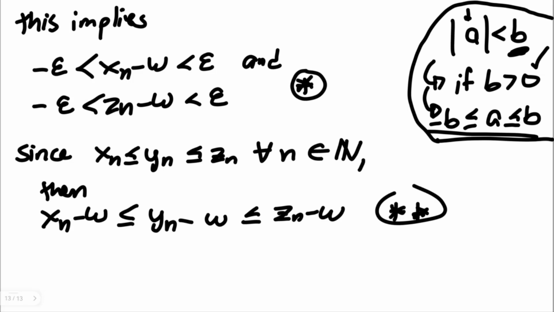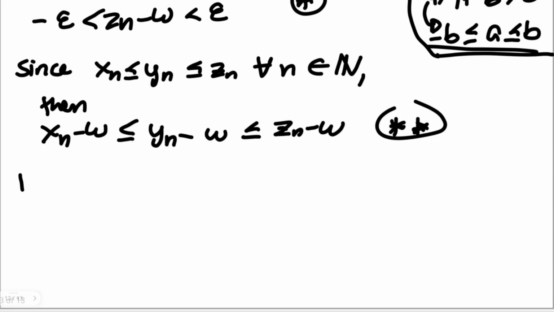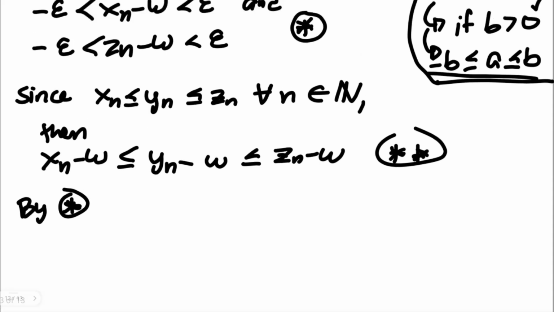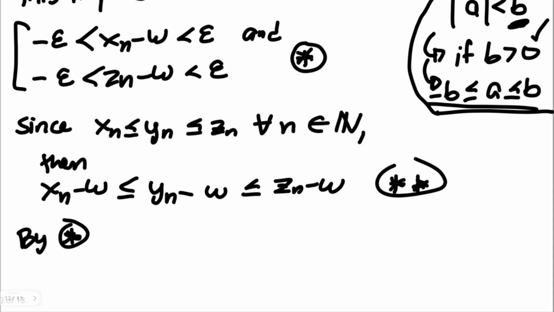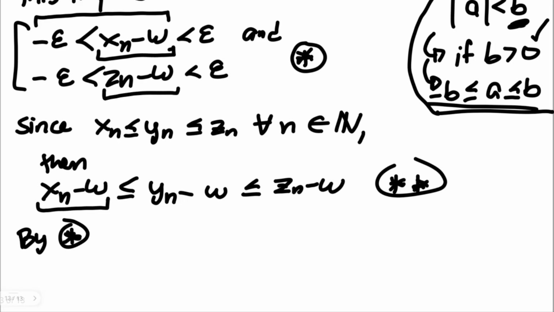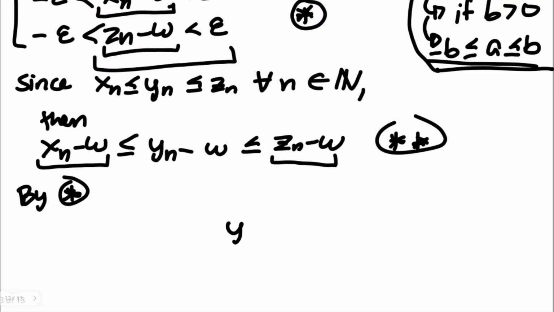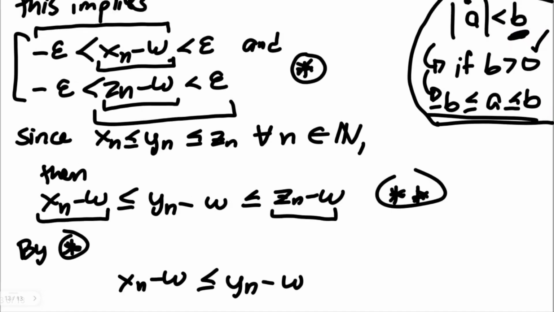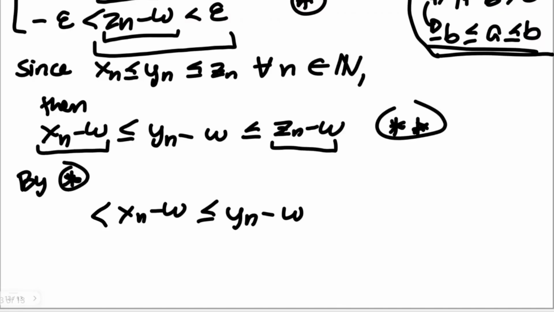Now, why are we talking about this? Because by our asterisk earlier, which corresponds to these two, take note that x sub n minus w is greater than negative epsilon, and z sub n minus w is less than epsilon. So that would mean y sub n minus w is greater than or equal to x sub n minus w, which is still greater than negative epsilon.